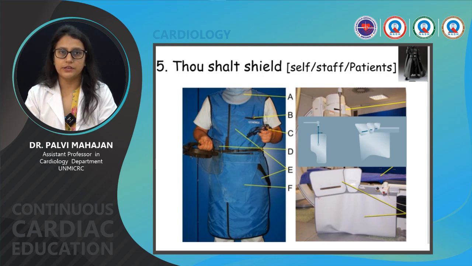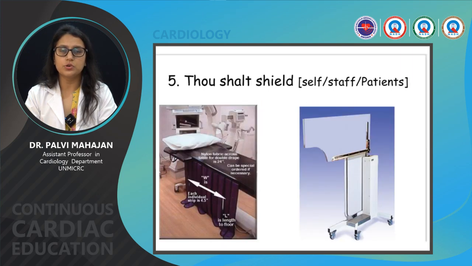A is for thyroid collar, B is TLD badges, C proper radiation goggles, D radiation face shield, E is for radiation apron covering the waist, upper limb and chest, F is gonadal shields. Thou shalt shield. This is the nylon fabric across the table for double wrap.